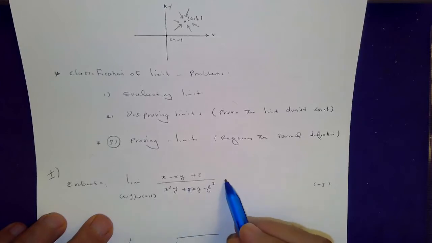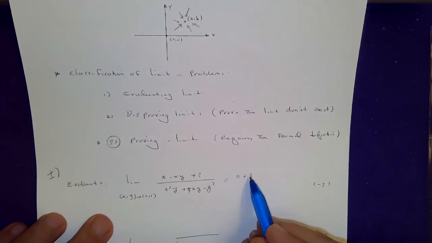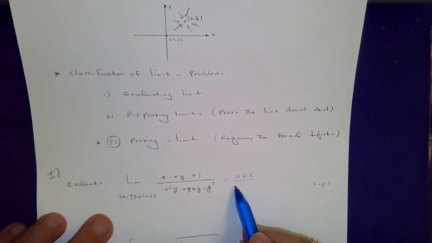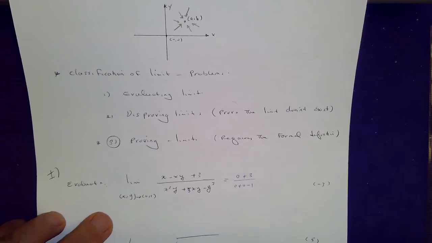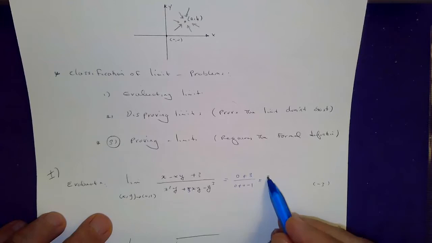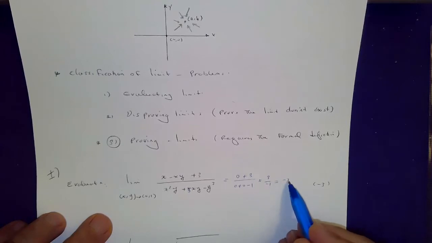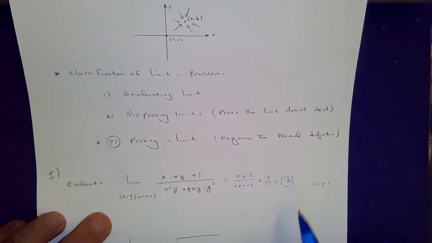As x gets close to 0, anything with x in it goes to 0 land, and y gets close to 1. So at the end of the day, that would be 3 over negative 1, which is negative 3.